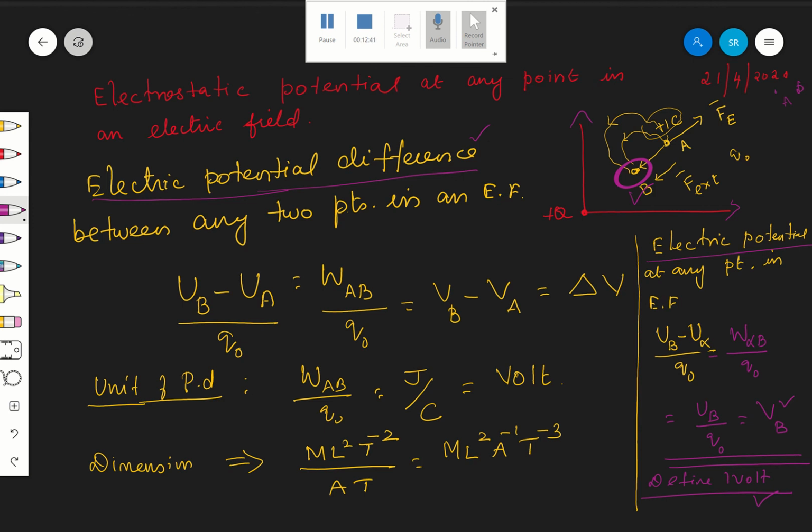Now I want to define the same with respect to potential. How do you say the electric potential at any point is 1 volt?